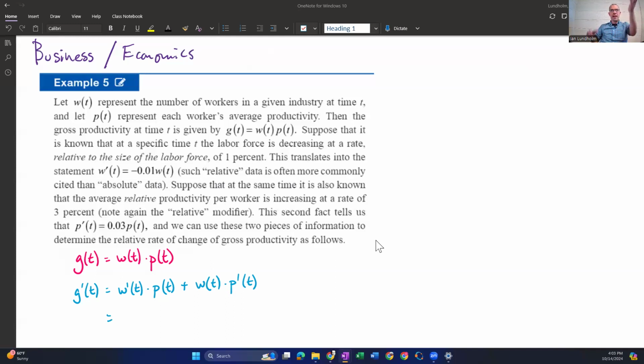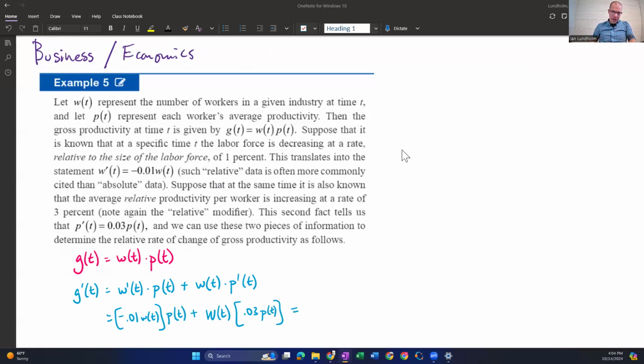Since we already understand that the labor force is decreasing, we could substitute in negative 0.01 W of t for W prime of t, and that would be multiplied by P of t. And then W of t can just chill, and we'll multiply it times P prime of t, which would be 0.03 P of t.